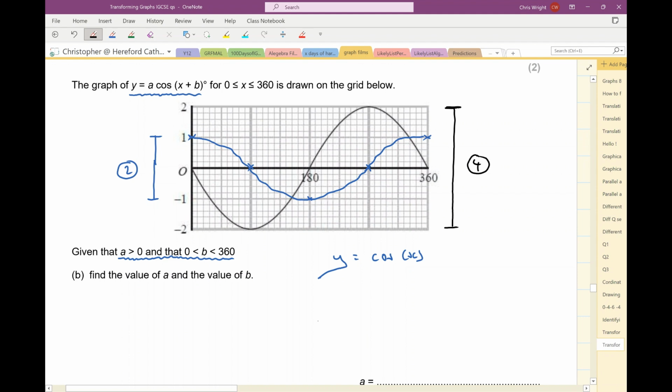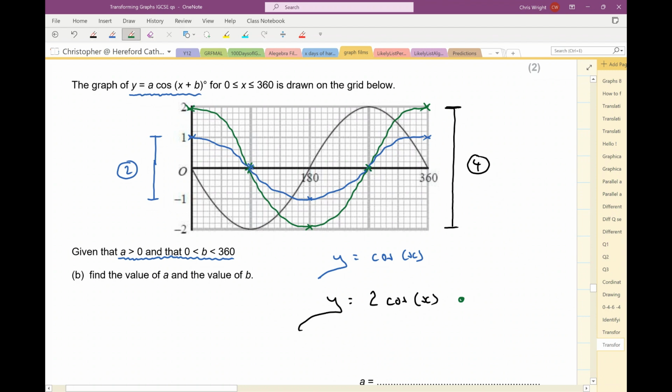So my black curve is a stretch by a factor of 2. So let's draw that curve in green. I'm simply going to stretch the blue curve in the y direction by a factor of 2. Here it is.